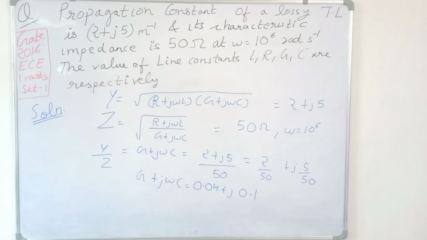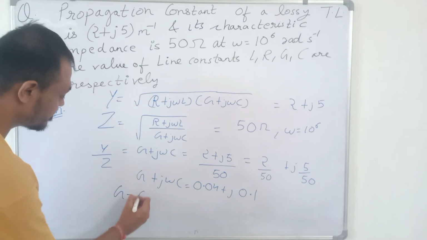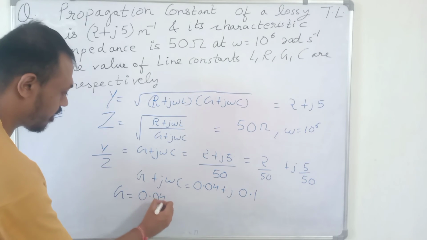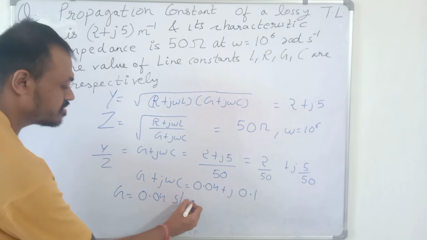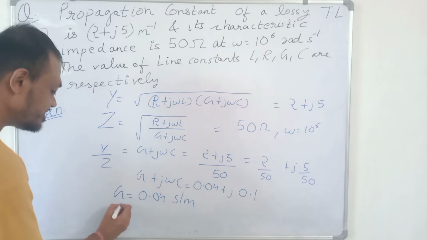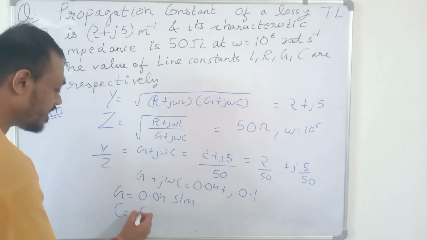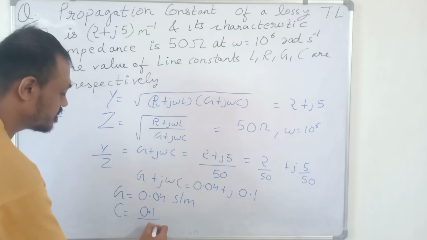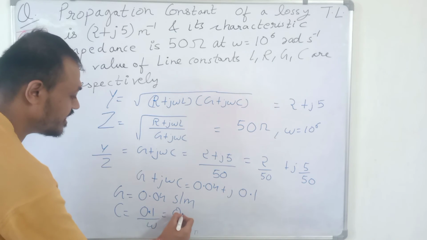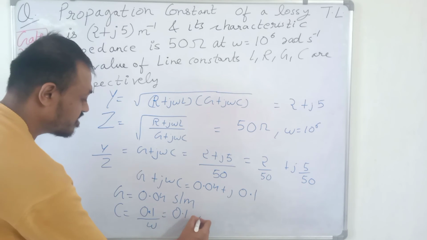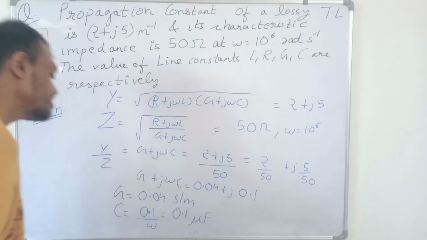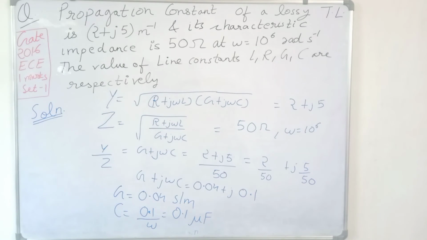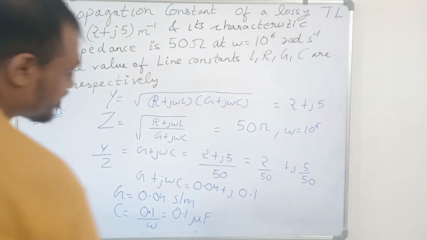So we get G equal to 0.04 Siemens per meter, and we get C equal to 0.1 upon omega, which is equal to 0.1 microfarad per meter.